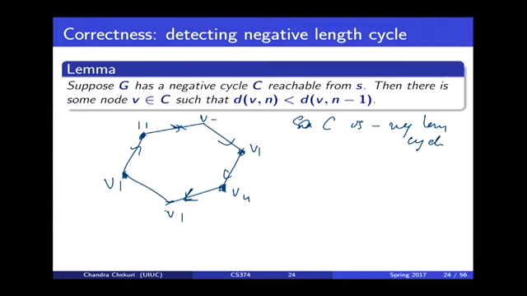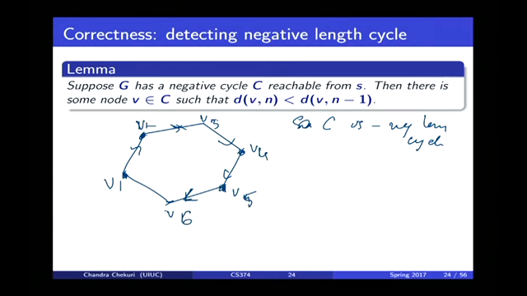Suppose dVn for everybody did not change. That means it stayed the same in the nth iteration. If dVn was not less than dVn minus 1, what does it mean?